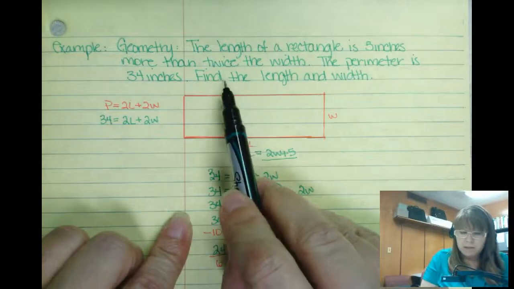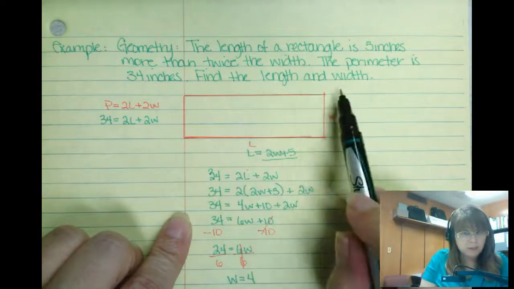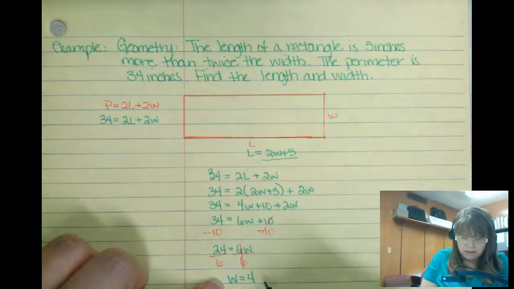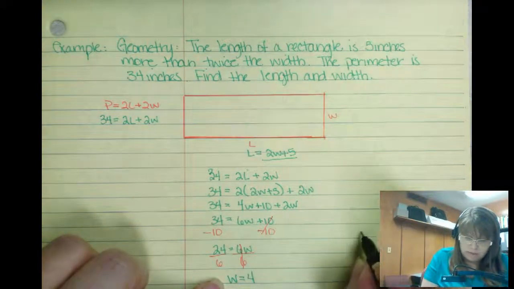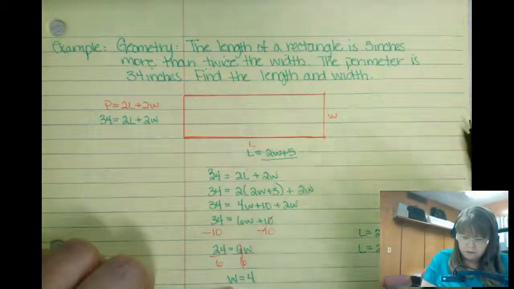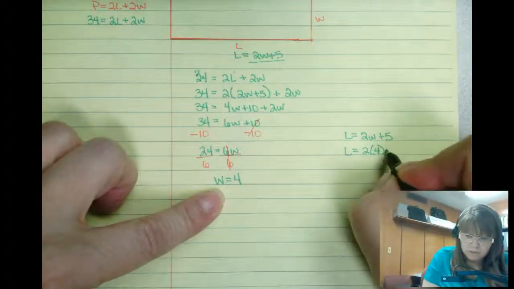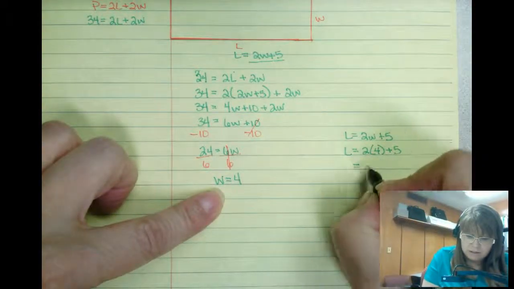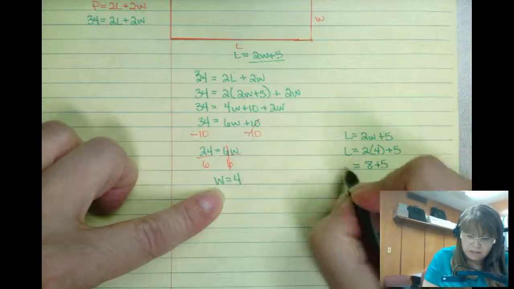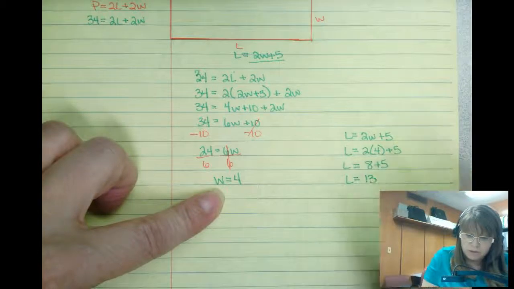But going back to my original problem, I need to find both the length and the width. So I found the width. Now I'm going to use L equals 2W plus 5. L equals whatever I found for W, which is 4, times 2, plus 5. 8 plus 5 will equal my L. Therefore, my length equals 13.